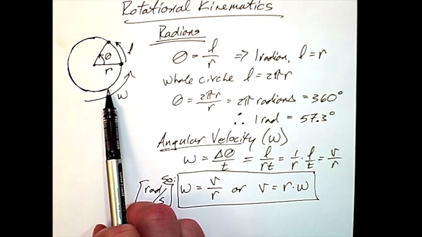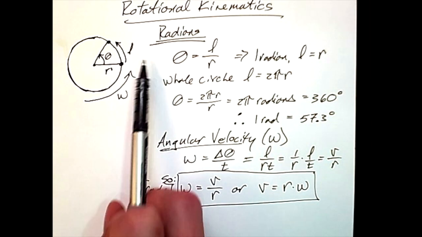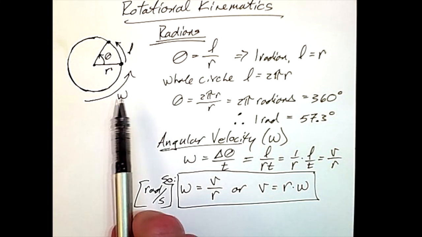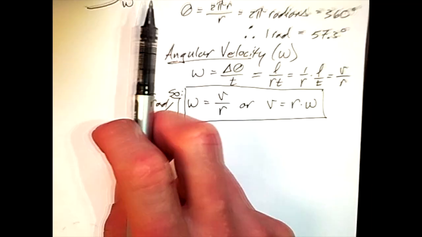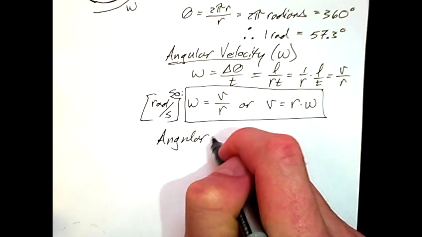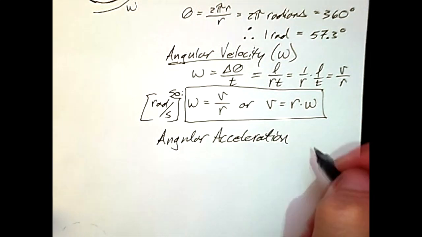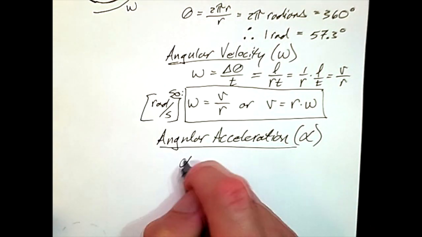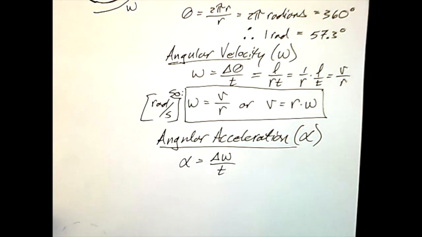Similarly, if I had a system such as this, and it was spinning with some angular velocity, and then I increased that velocity, in other words, I spun it faster and faster and faster, we would say that the angular velocity is increasing in time. Well, this would be an acceleration. And so we can measure angular acceleration as a function of angular velocity. Angular acceleration is given the Greek symbol alpha and is described as exactly that, the change in omega in a period of time.